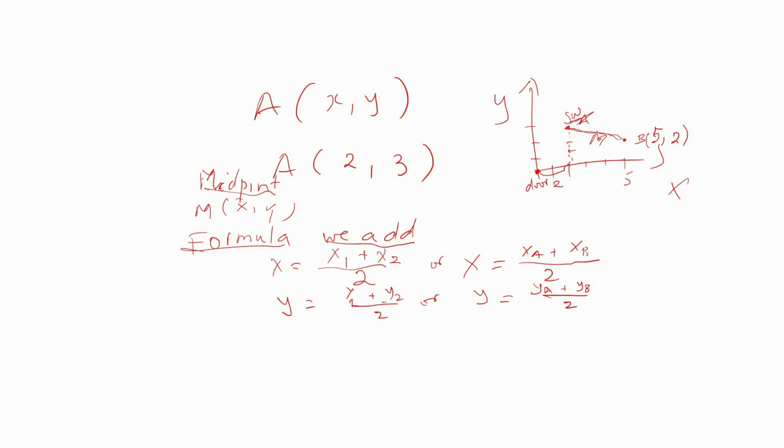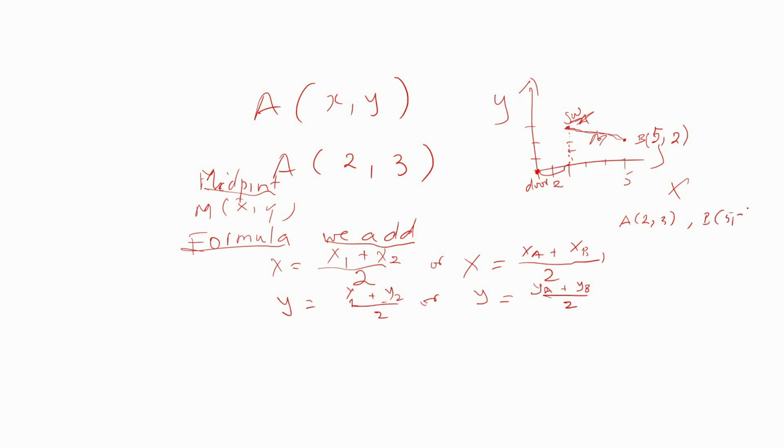A half means 1/2. It means that to get the coordinate x here, you will take the coordinate x of one point, you add the coordinate of the second point, and then you divide by 2. If you are getting x, the coordinate of the midpoint, you may use x1 plus x2.